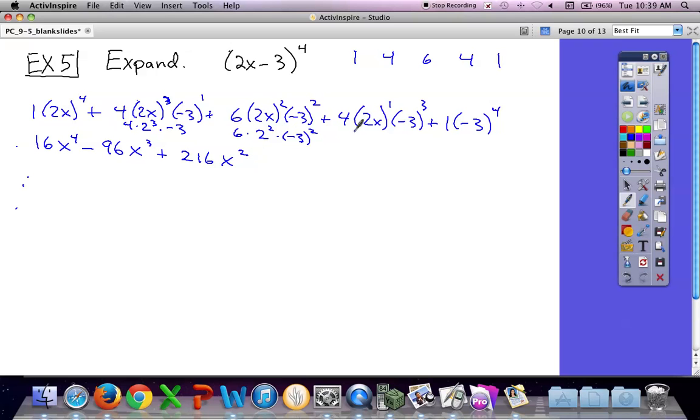The next term will be 4 times 2 times negative 3 to the 3rd. So that would be 8 times negative 27, which is negative 216. And that has x to the 1st. And then the last one will be negative 3 to the 4th, which is 81.